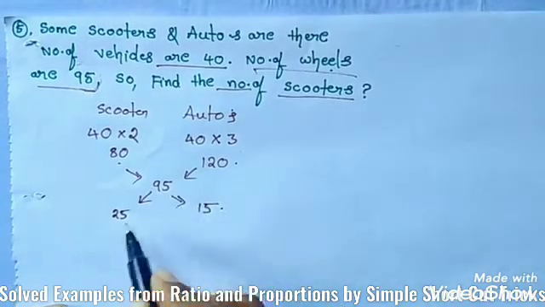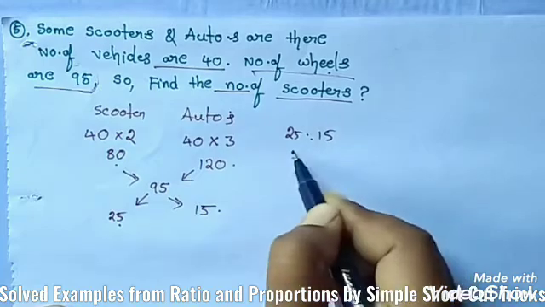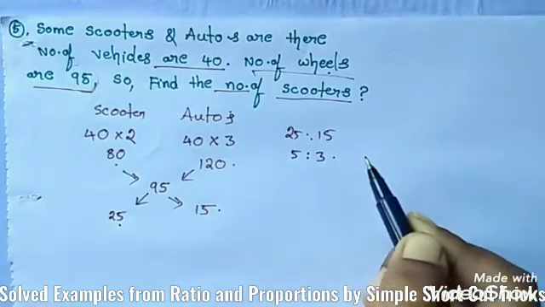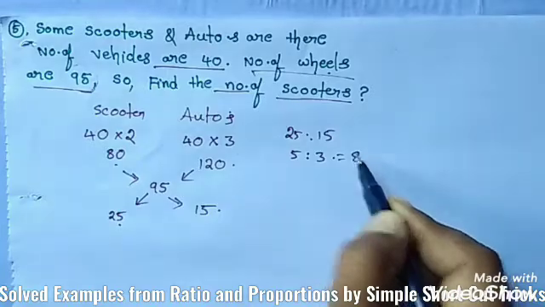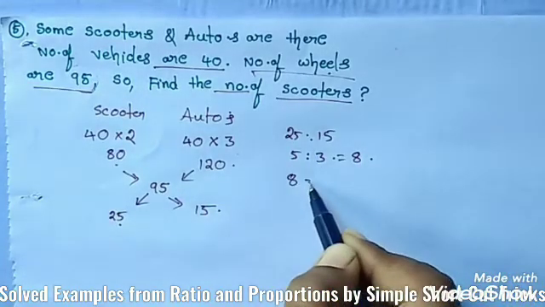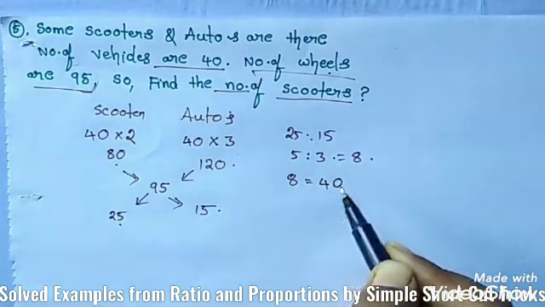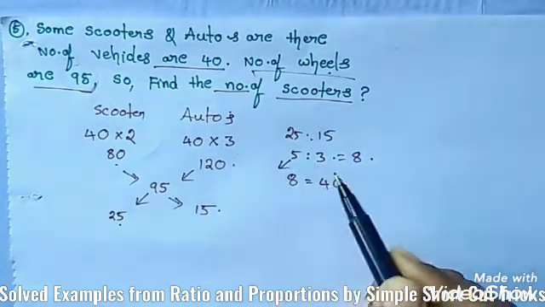Now so 25 is to 15. Simplify means 5 is to 3. That is the ratio of the vehicles. 5 plus 3 means that is 8. Now 8 means total vehicles, 40 they have given. Now in this ratio, the number of scooters you have to find out.